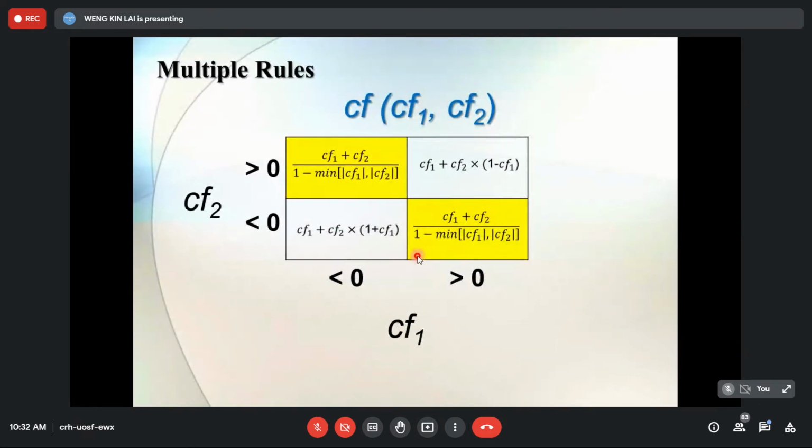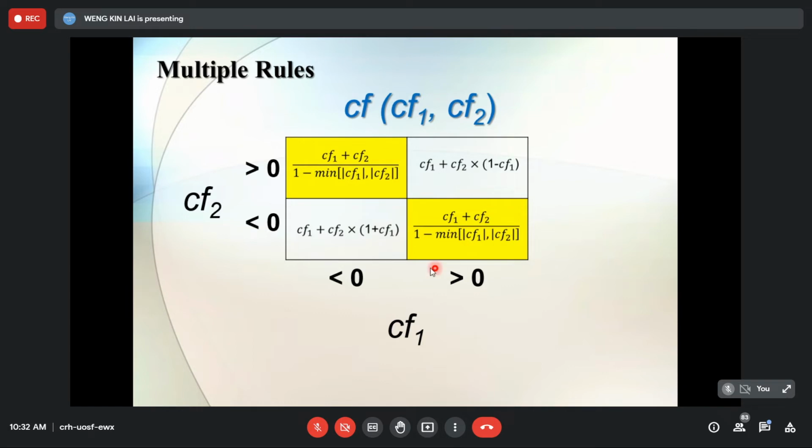So I've combined them to show it to you in a table form. You can see here, if, in this case the one in yellow, your CF1 is negative, but your CF2 is positive, you use the same formula here.